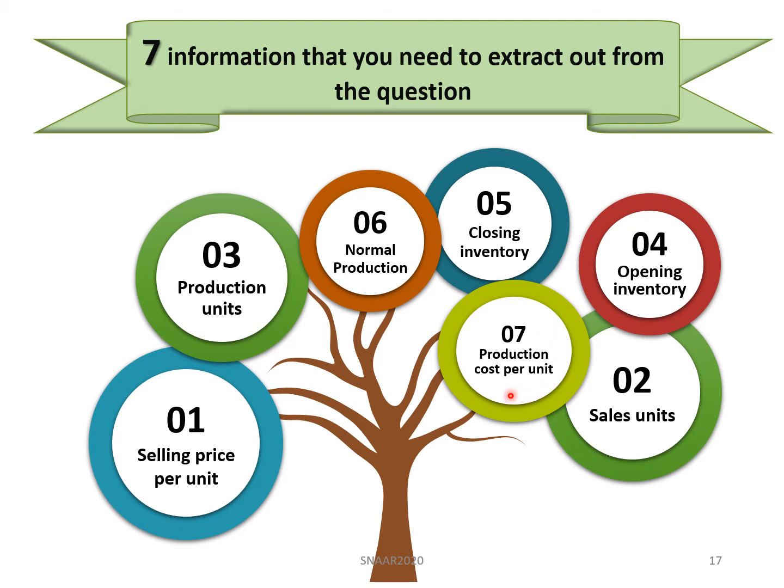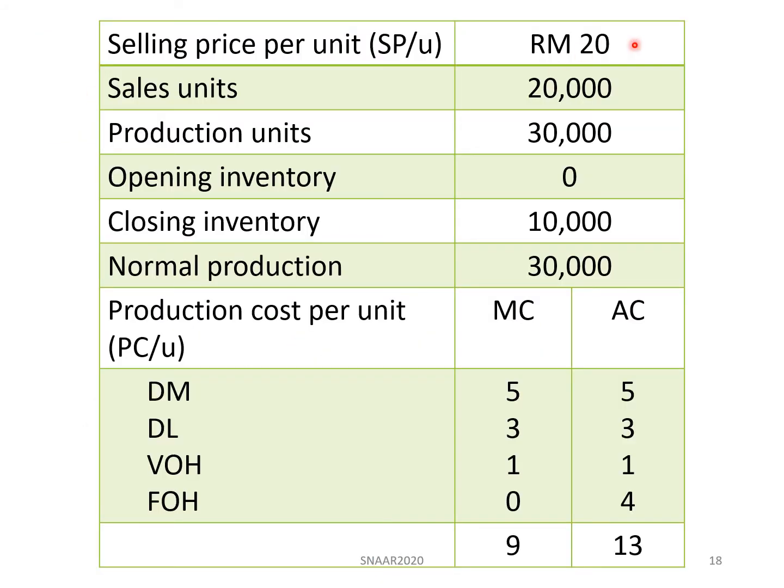So these are the 7 information that you need to have before you proceed to do the SOPL for both methods. Right, based on the question, Shiny tadi tu, I dah extract out dia punya information, I put in a proper table like this one.